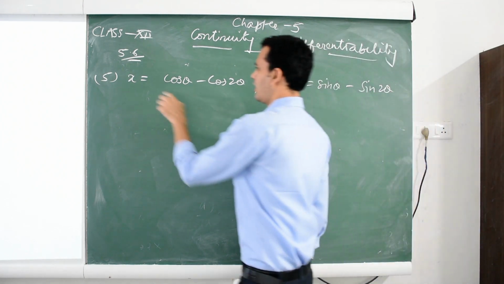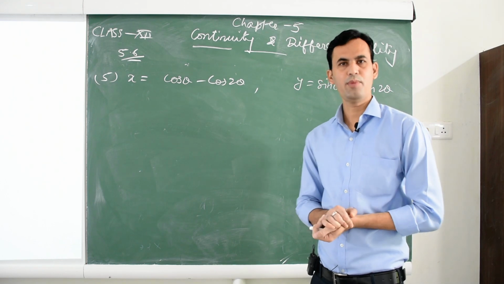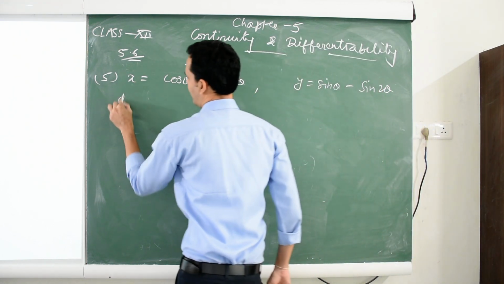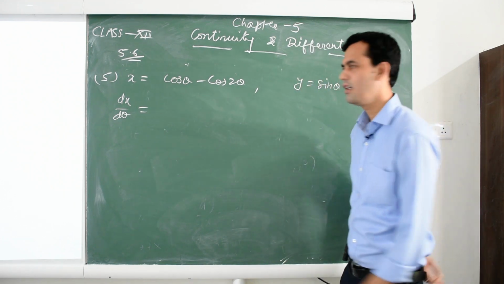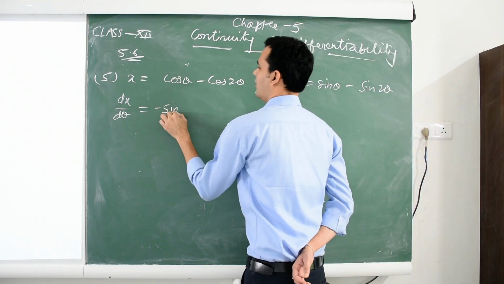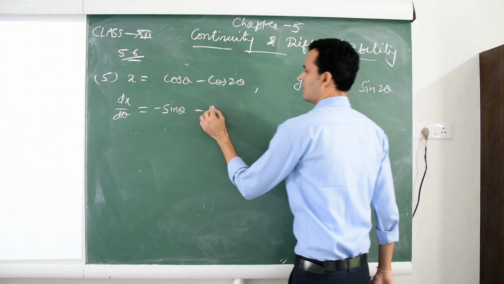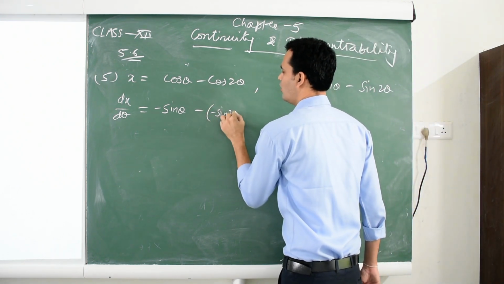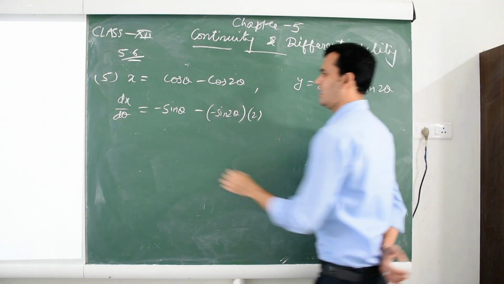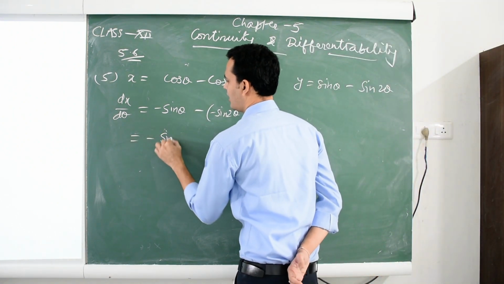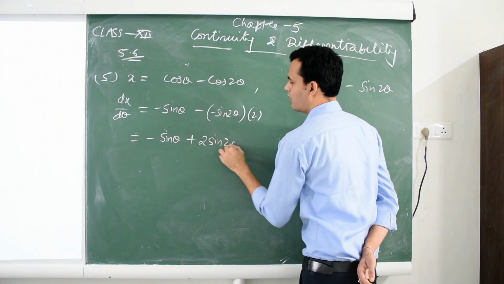So differentiate this x with respect to theta. Here we have theta as parameter, so we find dx by d theta. Differentiation of cos theta is minus sin theta, minus differentiation of cos 2 theta is minus sin 2 theta and differentiation of 2 theta is 2. So we get minus sin theta plus 2 sin 2 theta.